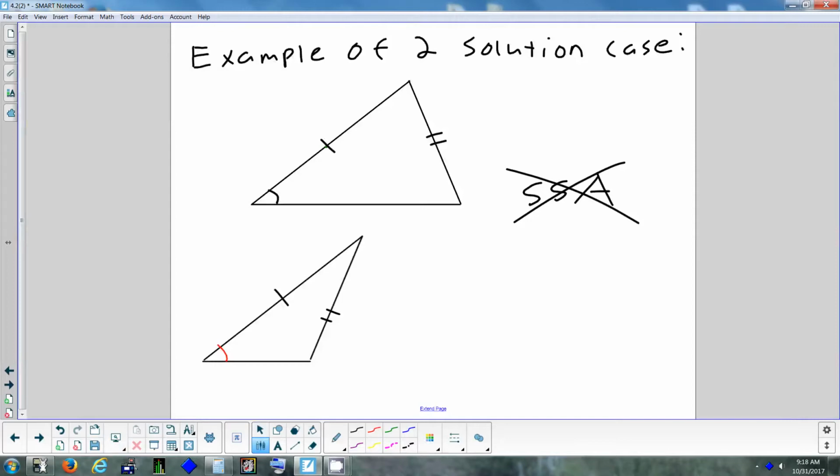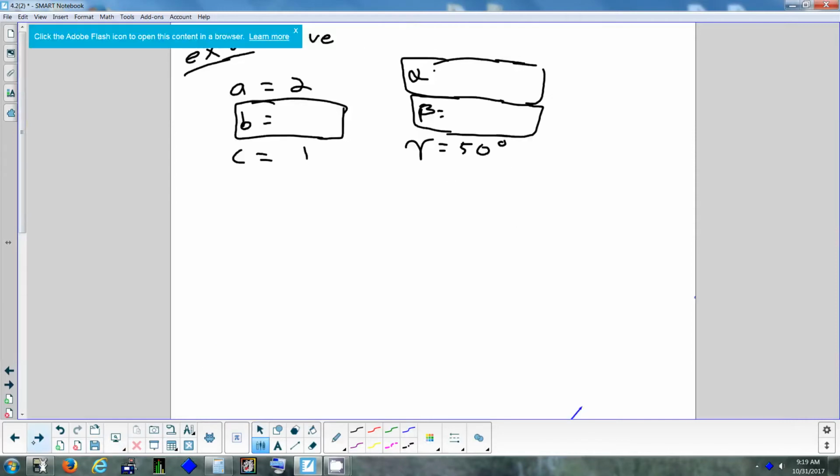There's 2 options. So any questions on the 2 solution case? Okay, that's about as bad as it gets. Okay, even with the stuff we do tomorrow, I think that's probably the worst because you have 6 things you need to solve for. No other problem this week will have that.